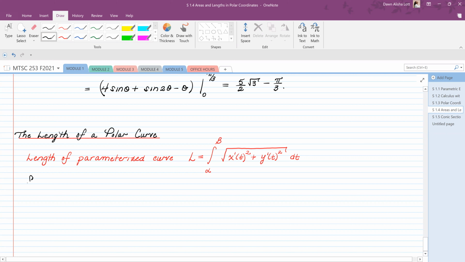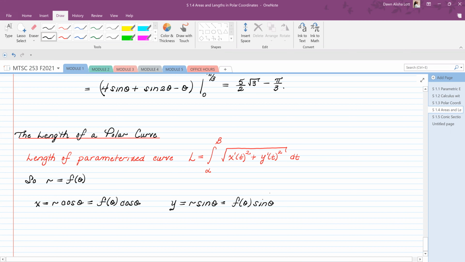So r is equal to some function of theta. x is r cosine theta, which makes it f of theta cosine of theta. And y is r sine theta, which makes it f of theta sine of theta.